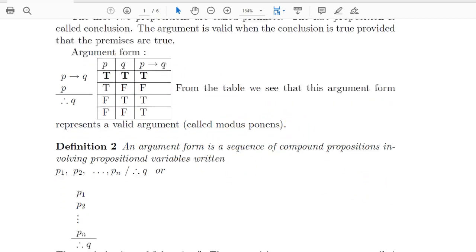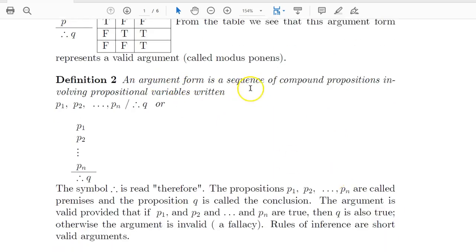In general, an argument form is a sequence of compound propositions involving propositional variables written this way or this way: P1, P2, and so on, Pn, and therefore Q. The argument form is valid anytime when all premises are true, the conclusion is also true.